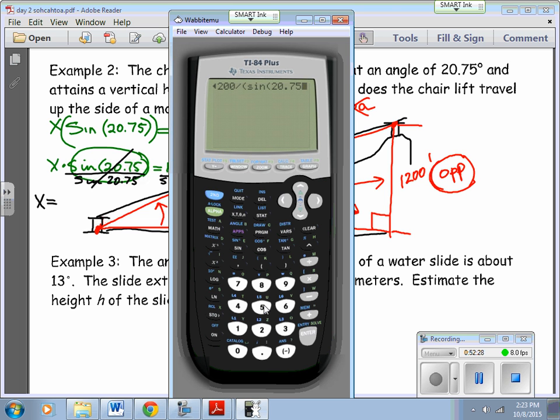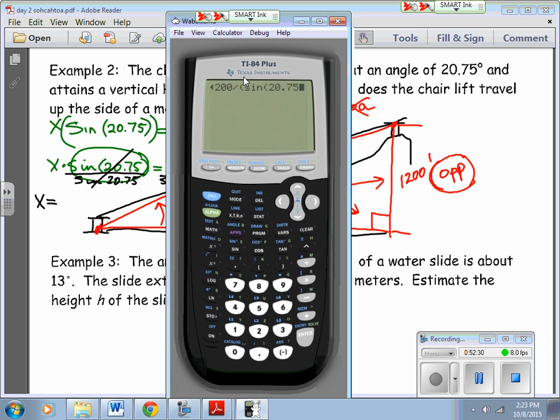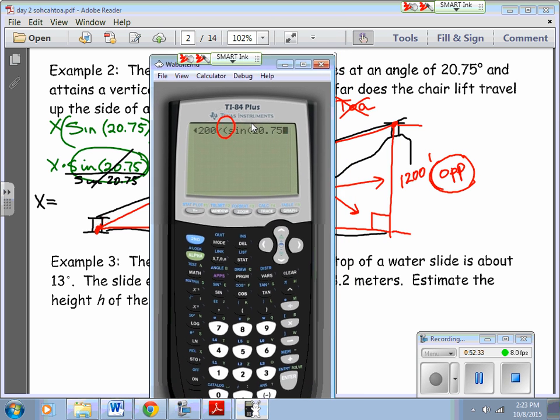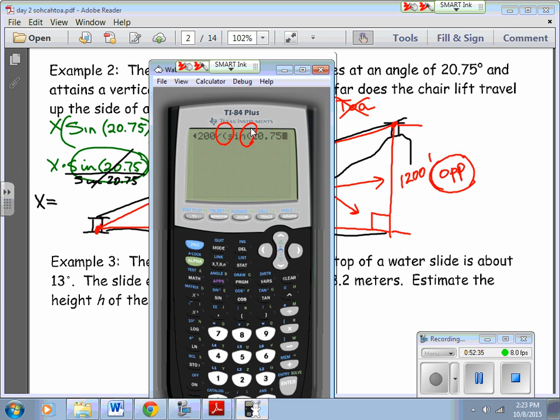So do you notice I have 2 parentheses? I need 2 parentheses on the other side. So you see those 2 parentheses that I added on there?